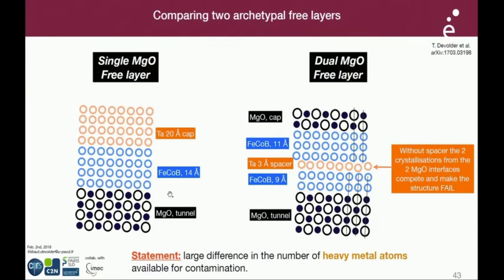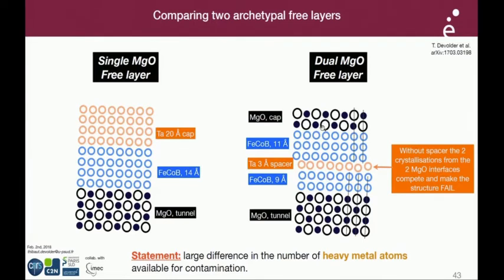The previous generation, where the iron cobalt boron layer was sandwiched between MgO and tantalum, and a new generation of what is called dual MgO free layers, where the iron cobalt boron layer is sandwiched between two layers of MgO. And for technological reasons, we have to put a spacer in the middle of the iron cobalt boron layer. This is for crystallization purposes because the system crystallizes from the MgO interface towards the inner part of the iron cobalt boron layer.